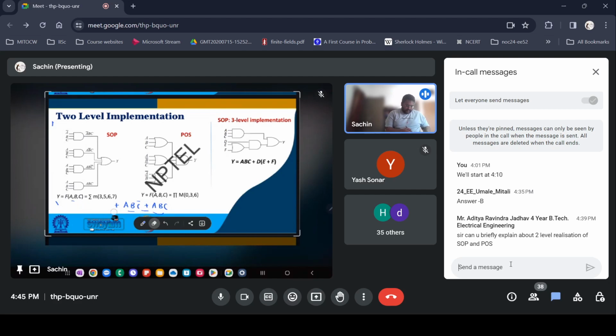Similarly, in the POS form, if you write out this expression M of 0, 3, 6, 0 will be A plus B plus C, and 3 will be A plus B bar plus C bar, and 6 will be A bar plus B bar plus C. So each of these terms here that are being added is a max term.